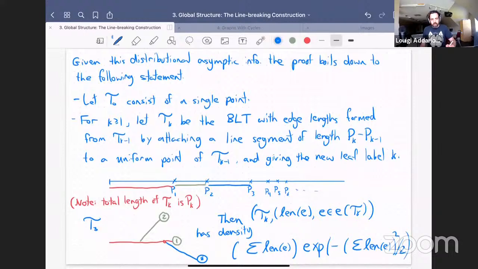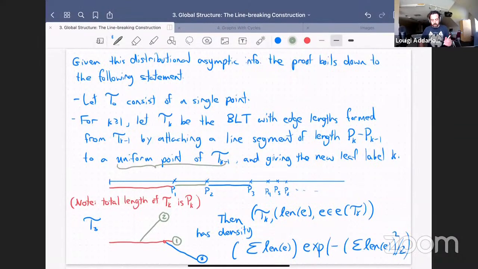So now, yes, Leor asked in the chat: what is the meaning of uniform here? Uniform means with respect to the length function, and that's correct.